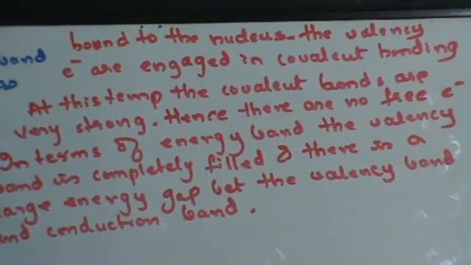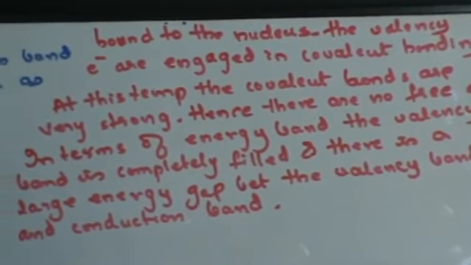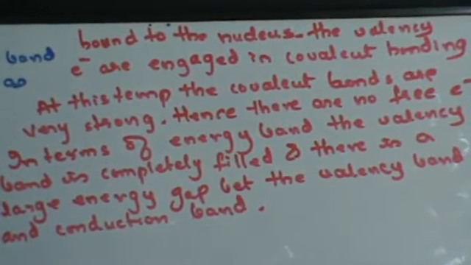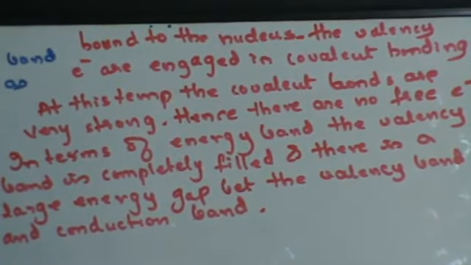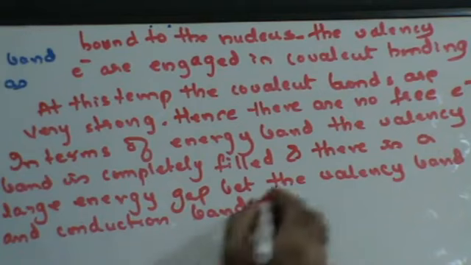The forbidden energy gap is sufficiently large to prevent any electron from the valency band from jumping into the conduction band, right? Hence, at low temperature, no valency band electron can acquire sufficient energy to jump this energy gap and go into the conduction band, right?